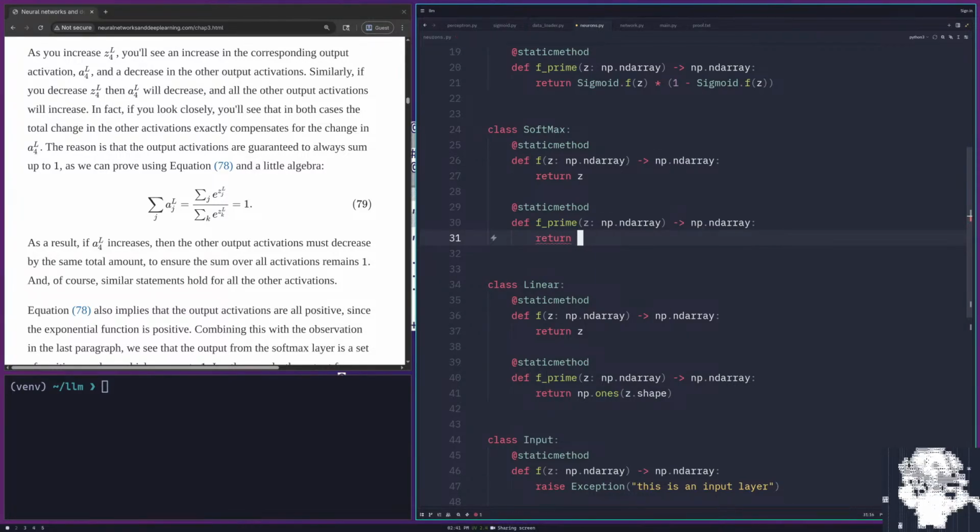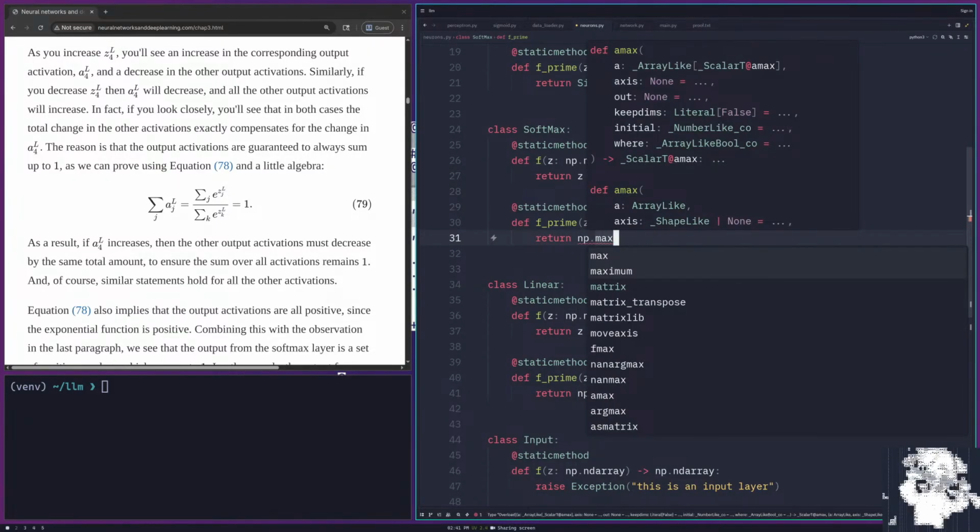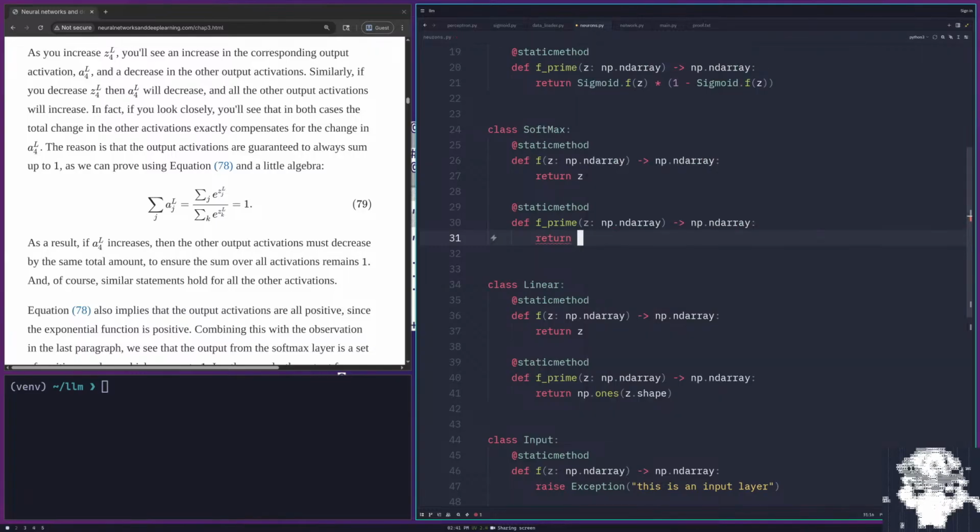No. What about z.softmax? No? Huh. Okay, well I can just do it myself.